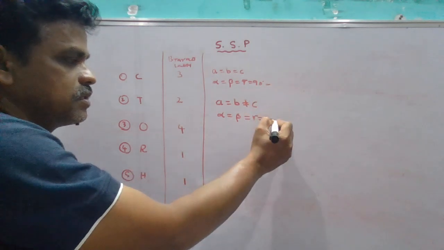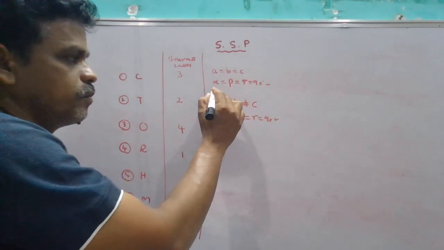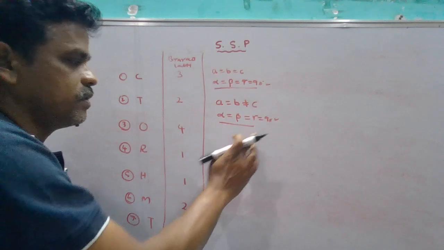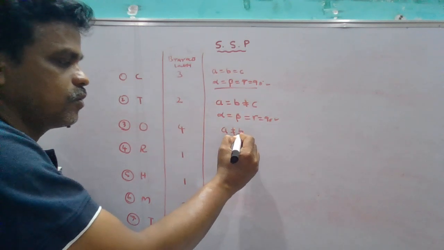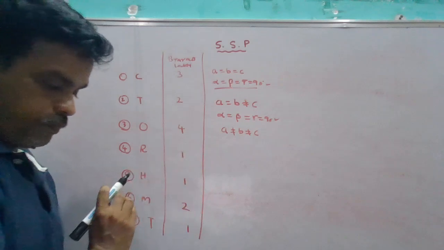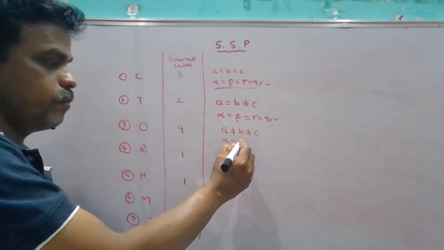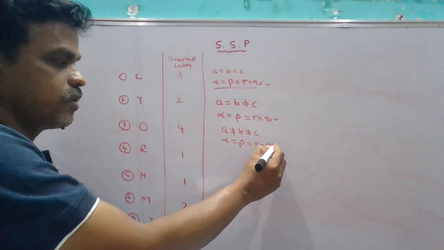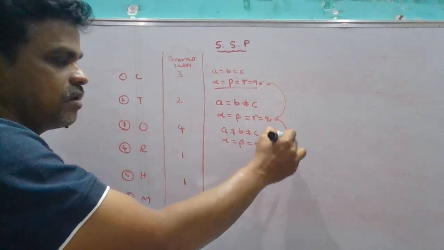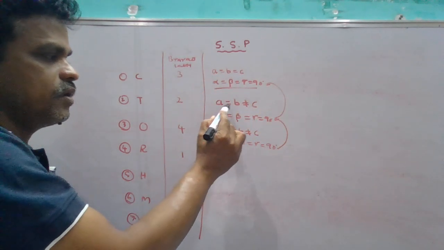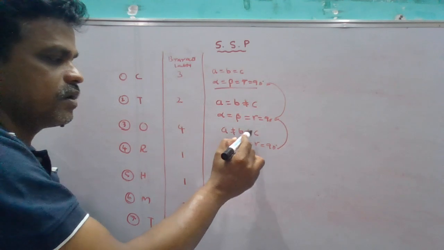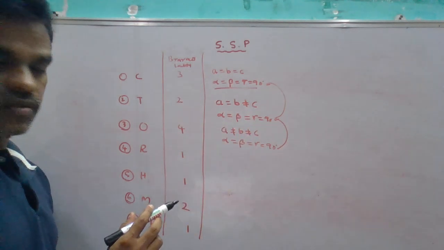I am not disturbing this part. Then the third system, orthorhombic: A not equal to B not equal to C, alpha, beta, gamma equal to 90. The angles are not changing for these three systems; only the edges change: A equal to B equal to C, A equal to B not equal to C, A not equal to B not equal to C.